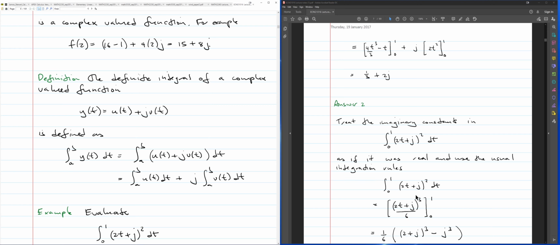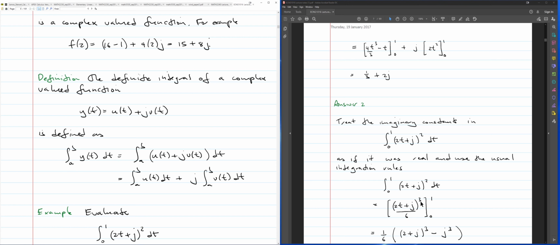You want to make sure that when you work backward, you get back 2t plus j squared. I need a 3 in the power because I had a 2 over here. Remember, the 2 plus 1 gave me a 3.